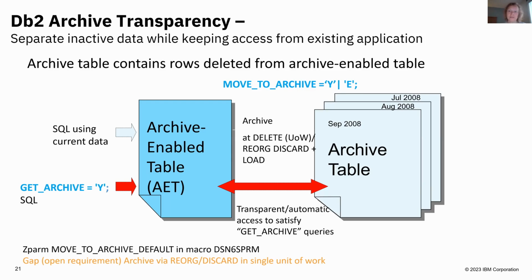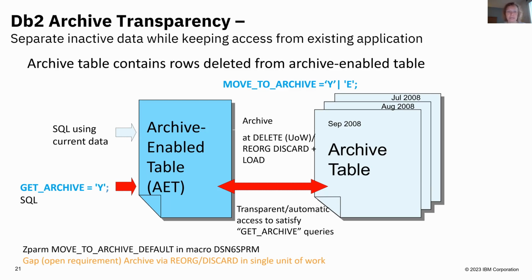It's moved into a different set of tables. You can have a different table space organization. Everything is different, and only the use cases that actually need to go back to that inactive data use the global variable get_archive to include this old data as well.